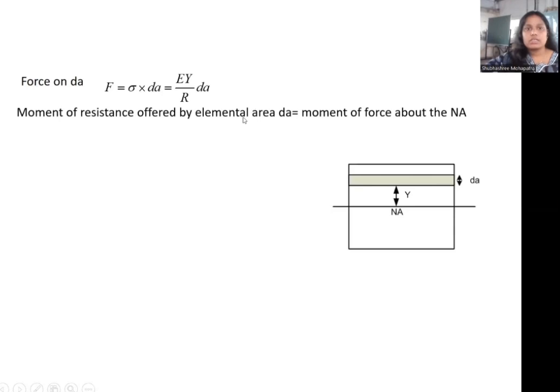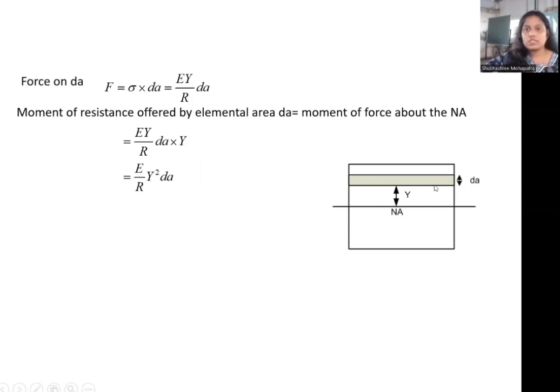Next, the moment of resistance offered by this elemental area is equal to the moment of force about the neutral axis, because of this distance. Moment is force into distance. Force is Ey by R into dA and distance is y, so we get E by R y square dA.